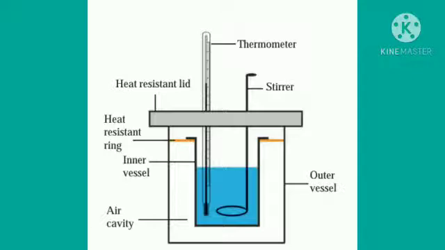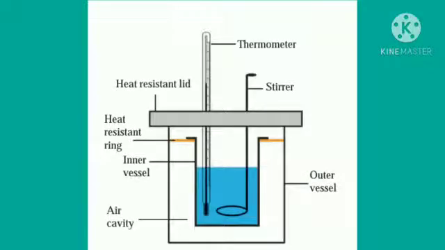The inner vessel is made up of copper. A thermometer for measuring the temperature and a stirrer for stirring the liquid in the calorimeter are fitted in it.